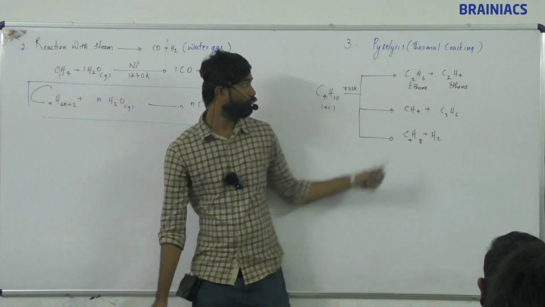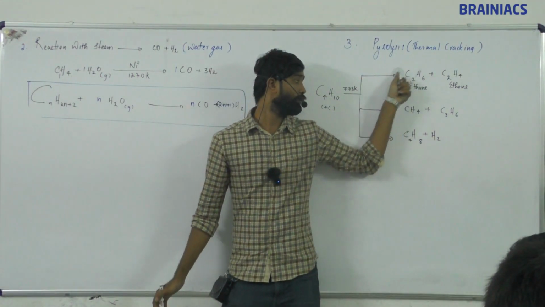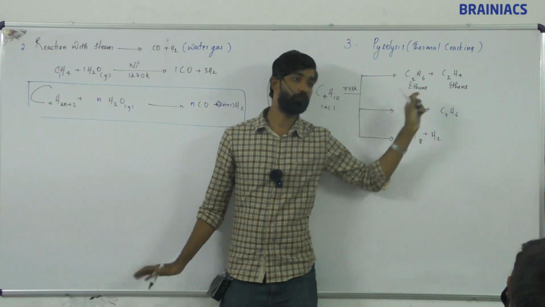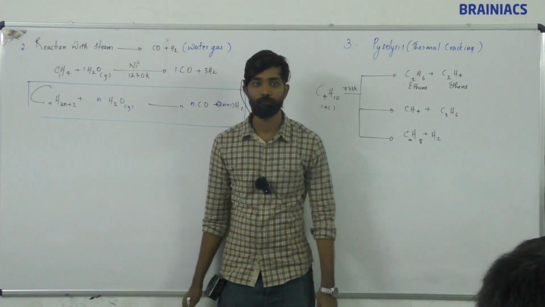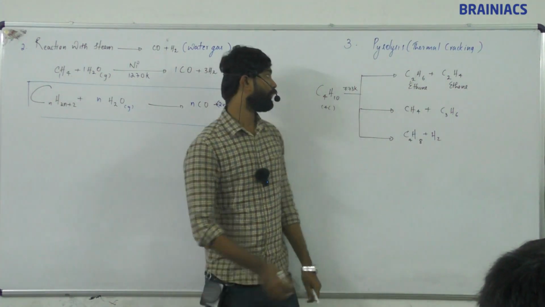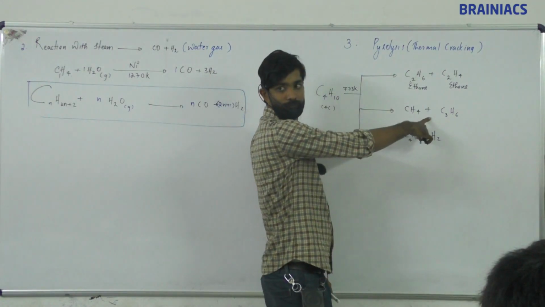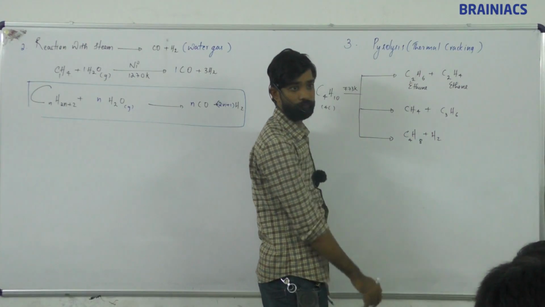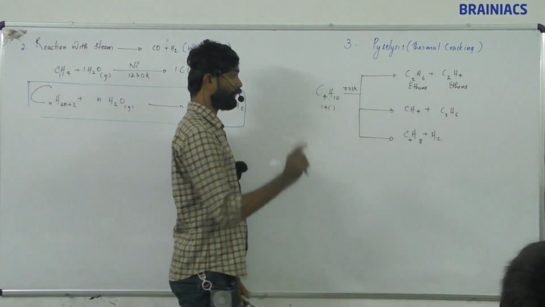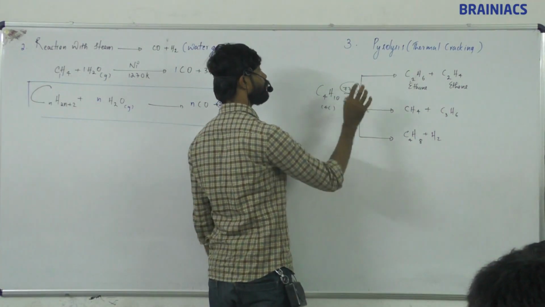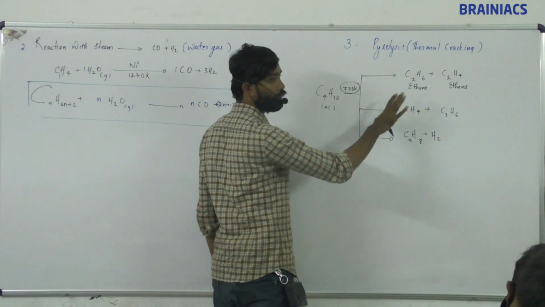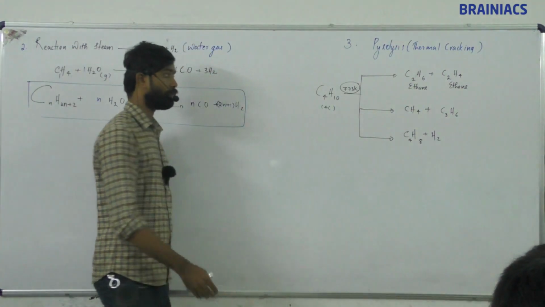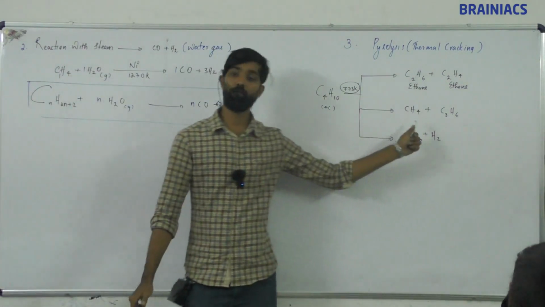So if one is given, then you can predict the next. That's the only idea in this reaction. We can't predict that this will be the product. These all are the chances. A particular product is not predictable here. If one is given, you can predict the next.